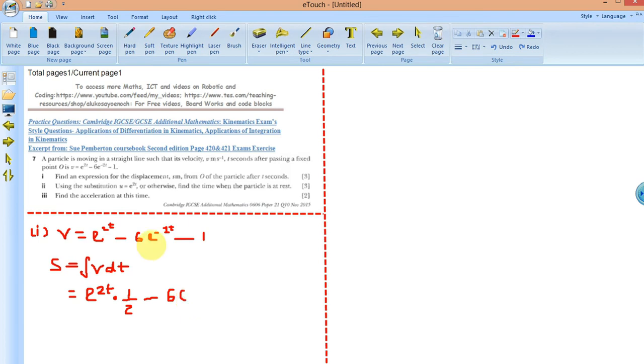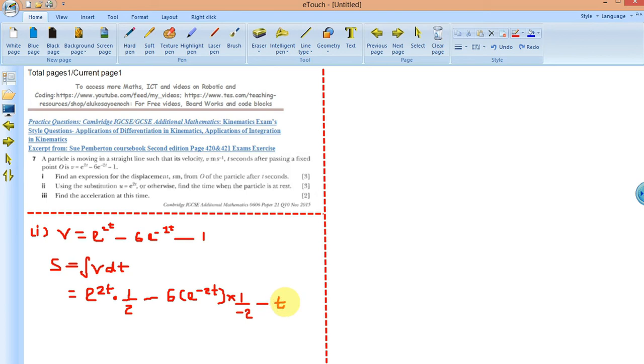When you integrate exponential minus 2t, it returns it back to you, then times 1 over minus 2, because when you differentiate minus 2t, that gives you minus 2. Then when you integrate a constant, that will be minus t.